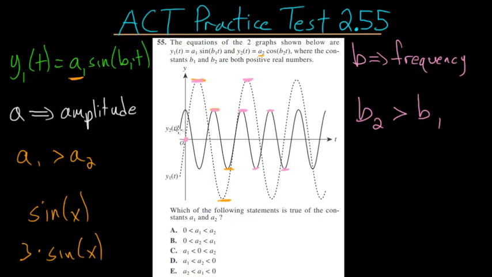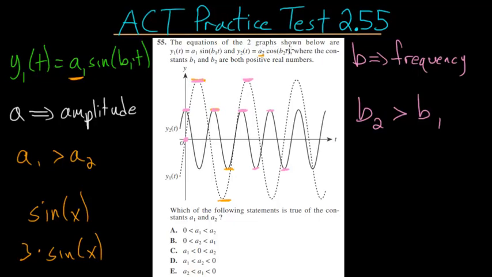And you can make a similar argument for this cosine function, this black line function, since the cosine, if it's not shifted left or right, will pass through a peak at a t value of 0. So when t is 0 in this graph, the cosine, as expected, reaches a peak when it crosses the y-axis.